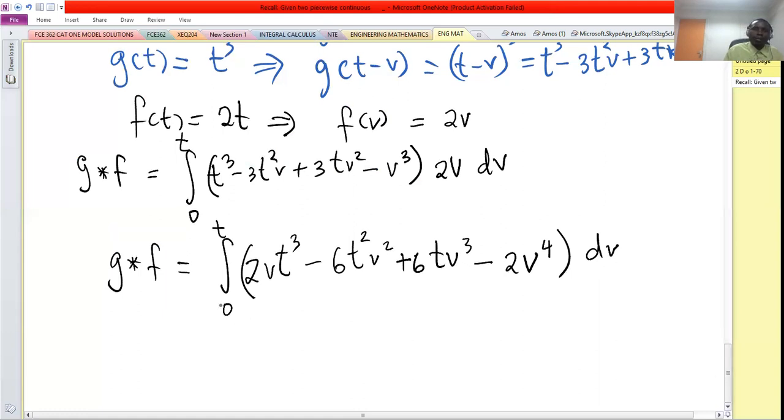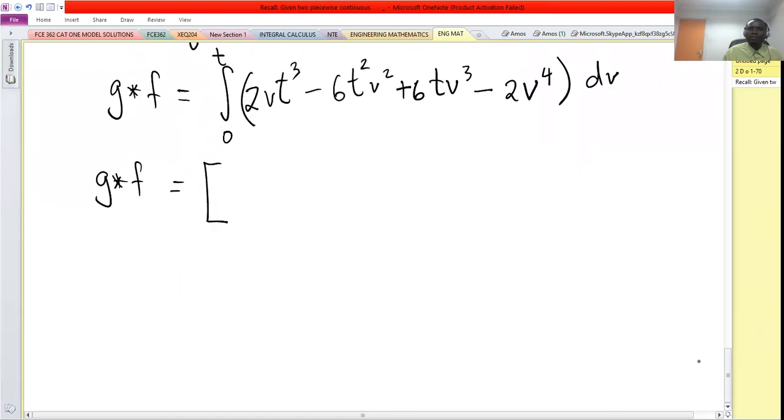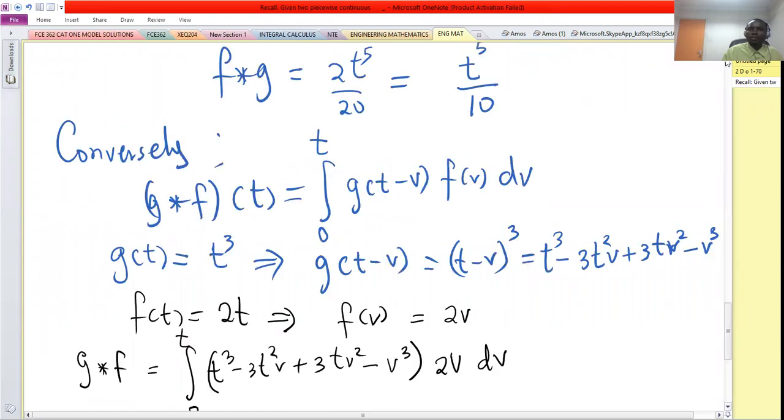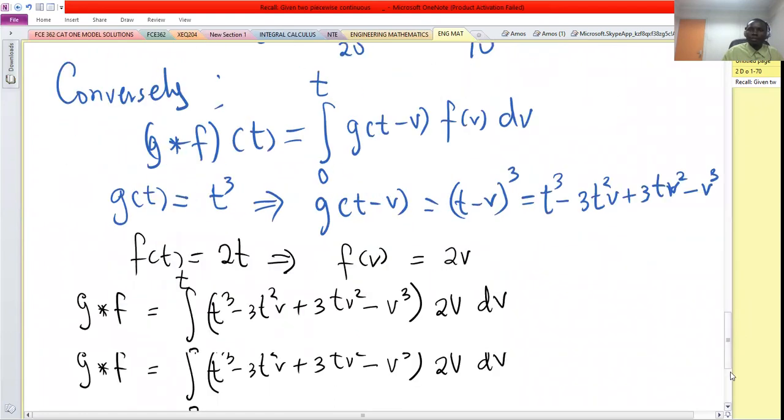This is a very simple integral to evaluate using the power rule.